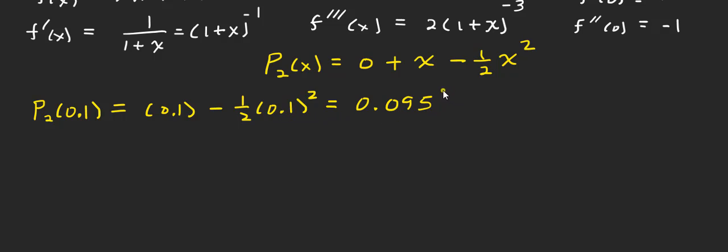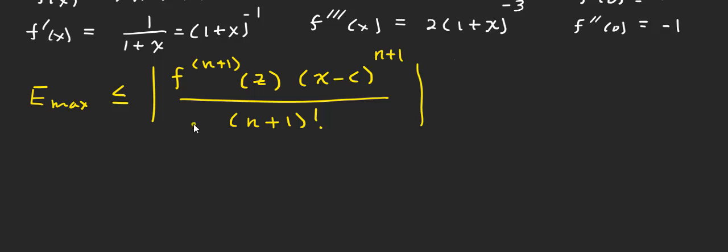Now, what will be our maximum error of this approximation compared to the actual value? So we need to use the Lagrange error remainder, and let's find the necessary information we need to evaluate this.